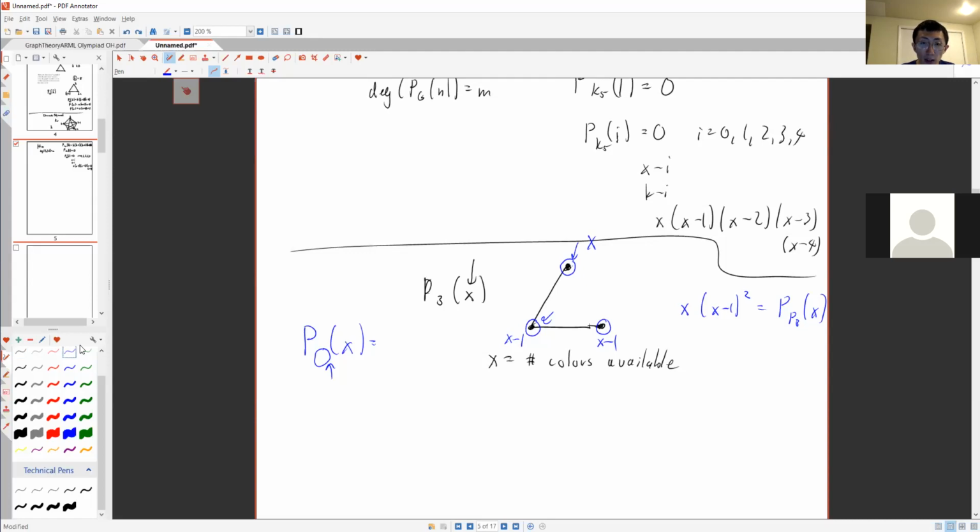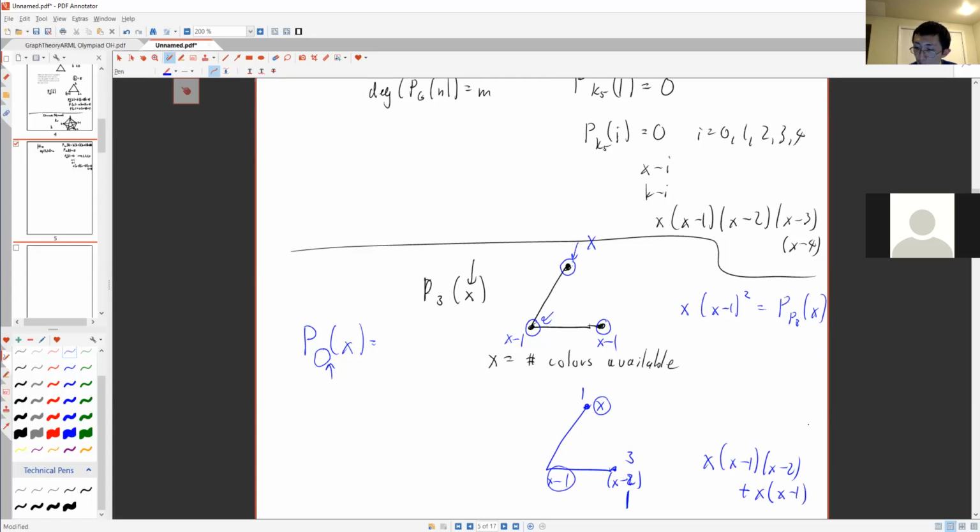Because if you want to count it the other way, if all 3 colors are different, there's x times x minus 1 times x minus 2 ways, right? But then we're allowed to have vertex 1 and vertex 3 be the same. So we need to add in a case where they're the same, in which case there's x times x minus 1 ways, and then there's 1 way for the third one because it's the same as the first vertex's color.